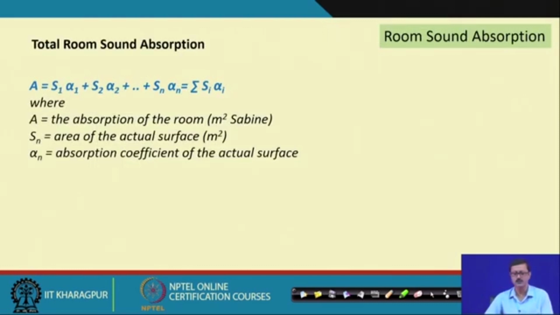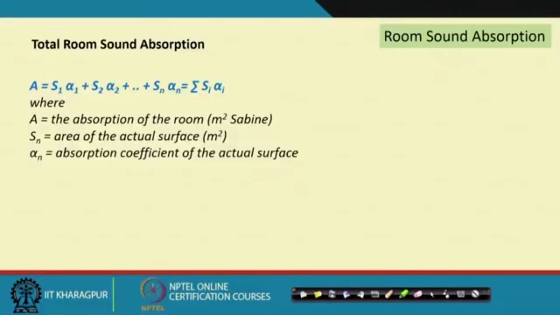Furthermore, there are two such mathematical equations we may think of. For the total room absorption, suppose we have a room with 6 surfaces, 4 walls, 1 ceiling and 1 floor, and all the walls, ceiling and floor are of different acoustical material. The floor may have carpet, the false ceiling may have some kind of acoustical treatment on top. So, alpha 1, alpha 2, alpha 3 correspond to S1, S2, S3.